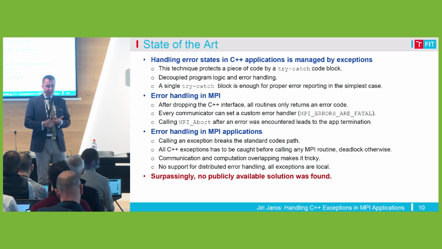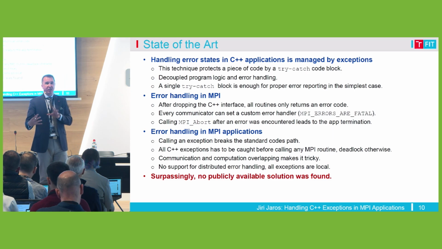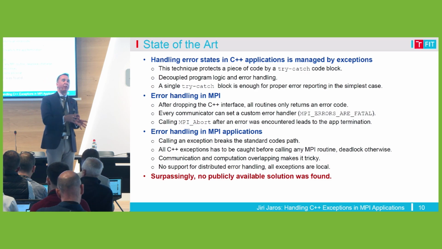But this paper uses a special interface to MPI. So if you want to combine your code with your custom, say, compute kernels, your MPI communication, and also use third-party libraries, you've got a problem because these third-party libraries are precompiled and written in a different interface. So it's not compatible.